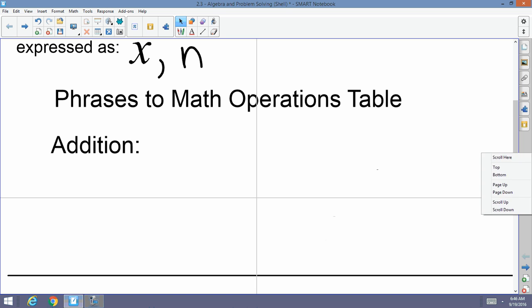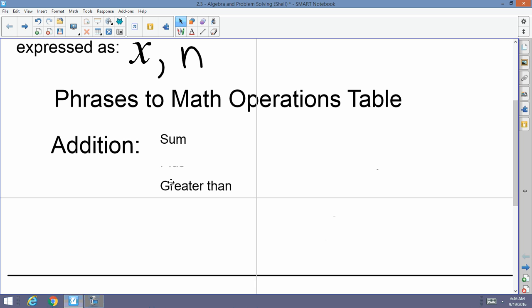Let's talk about words or phrases that mean addition. When you're reading problems, if you see the word sum, that indicates addition. That's pretty much the most popular word used for addition, the answer to an addition problem.